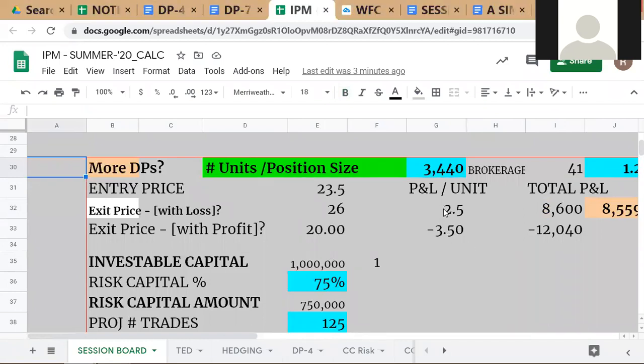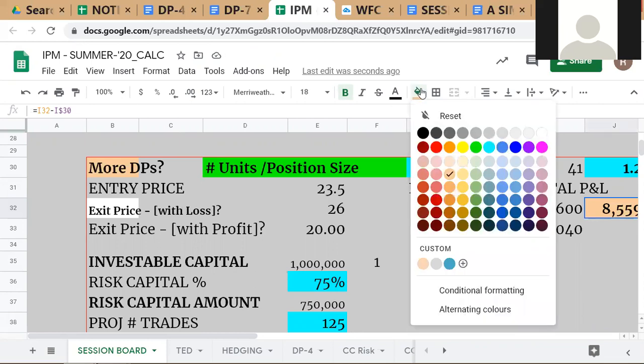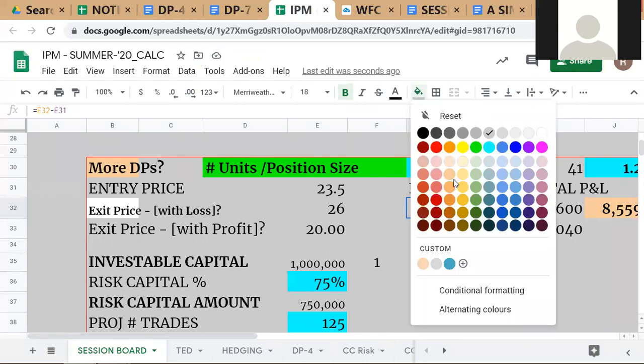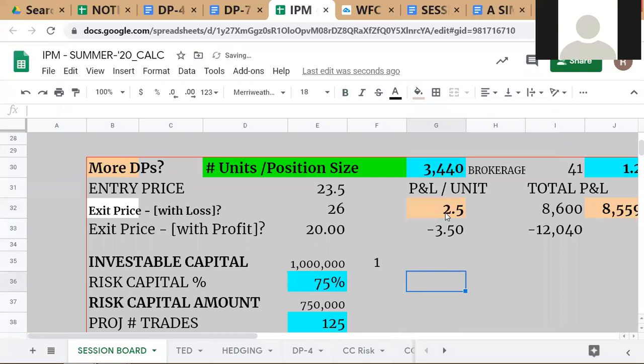All right. So the way you do it is this one. For the derived cells, which are formula outputs, I'm just putting this color here. All right. So what happens here is that you are entering. This obviously would be, if you're entering at 23.5, this would be much lower, like 18 or something like that.